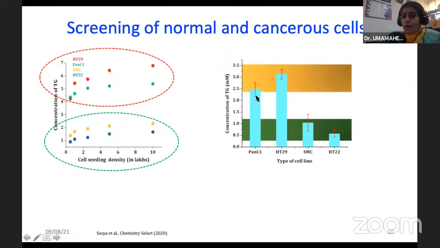Whereas in the cancer cells, they are much higher when compared to normal cells, but among the cancer cells, there wasn't much difference. So we could utilize this in delineating normal tissues and cancer tissues, especially during surgery when there is surgical removal of the cancerous tissues.